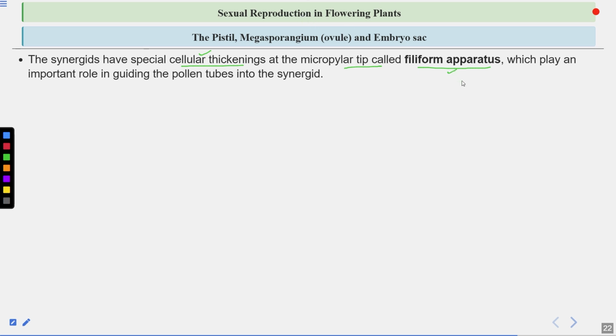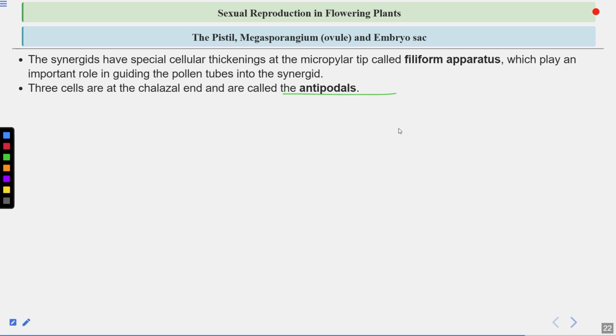Though the exact role of the filiform apparatus is still not known, some scientists believe that it plays an important role in guiding the pollen tube, because the pollen tube first enters one of the synergid cells and releases all its discharge there. 3 cells are present at the chalazal end, and these are called antipodals.